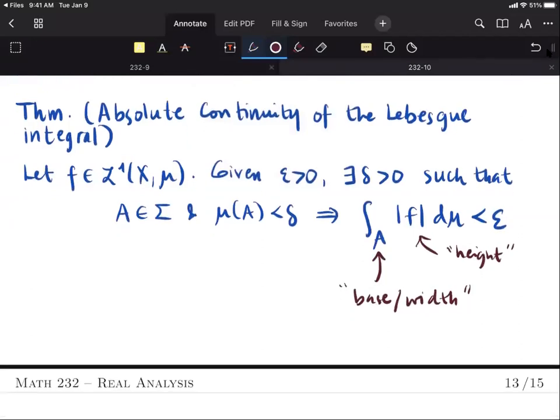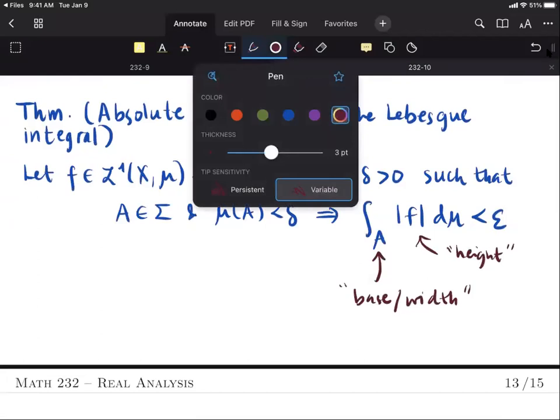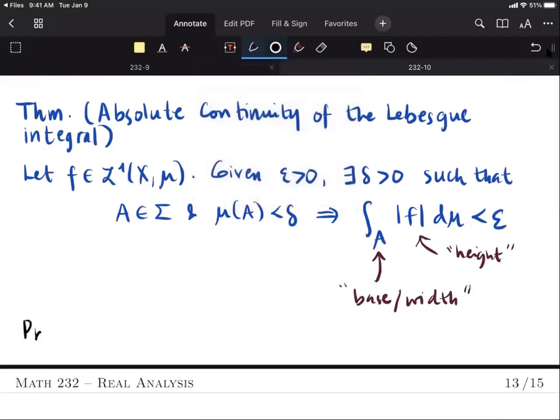The proof is based on the monotone convergence theorem. Again, for the sake of time, please see the course notes.